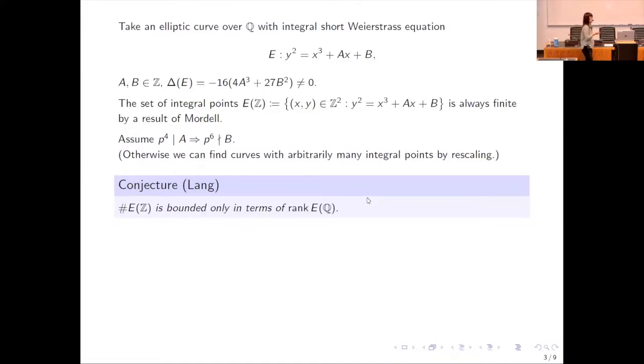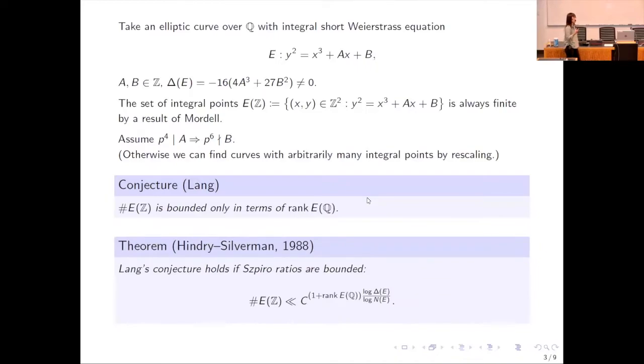The full generality of the conjecture is open, but in certain cases it's proven.